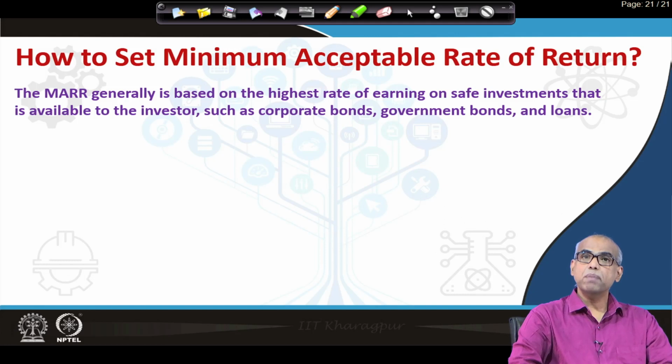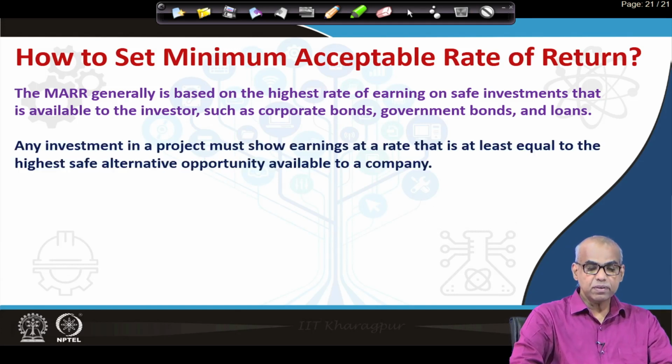So, your business plan must return more than such safe investment options available as corporate bonds, government bonds, etc. Any investment in a project must show earnings at a rate that is at least equal to the highest safe alternative opportunity available to a company. Otherwise, why should a company go and invest in your business proposal?